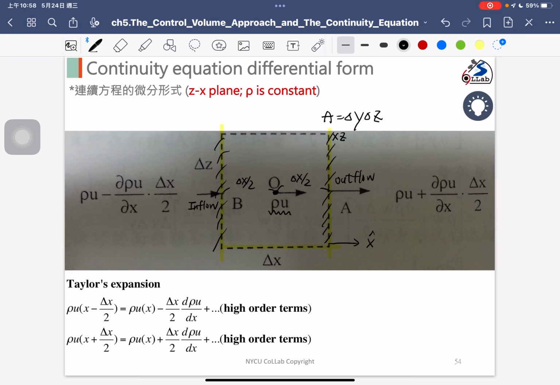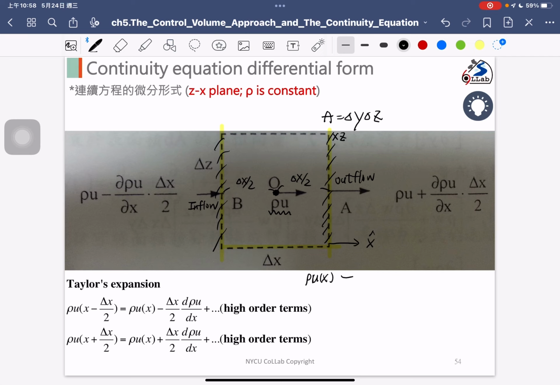And then here we assume delta x is small enough. If we know the rho u function of x, that indicates we know the value at the center point.